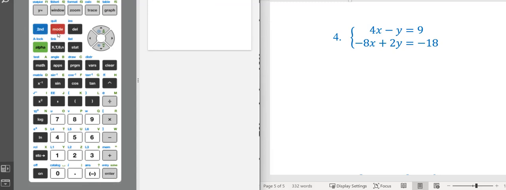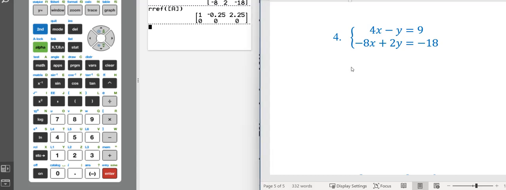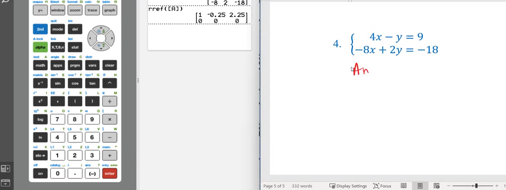Second quit, second matrix A. Looks correct. Second matrix math, RREF. Second matrix A. Uh-oh. Look at this one. I have a row of all zeros. So the answer, you have infinitely many solutions.